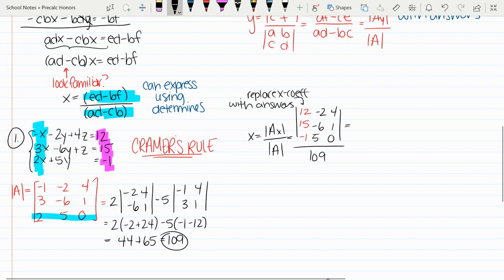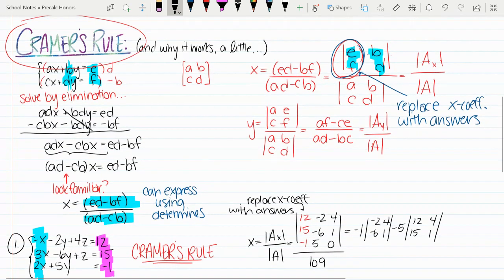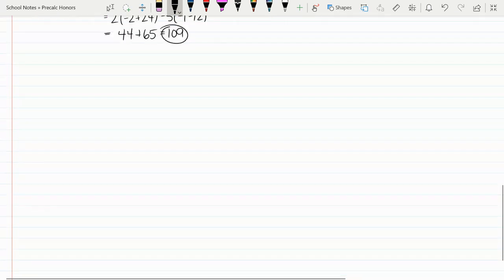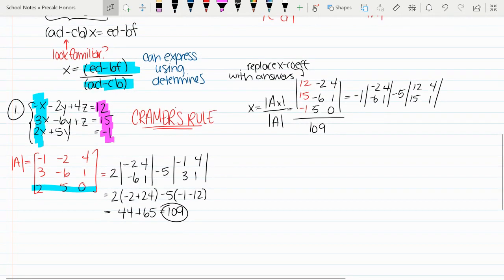Alright, so solving this, I'll have negative 1 times top corner determinant, which I did have last time also. I need negative 5. And this will be 12, 4, 15, 1. 0 is not going to change anything. And again, just really take your time on these calculations.